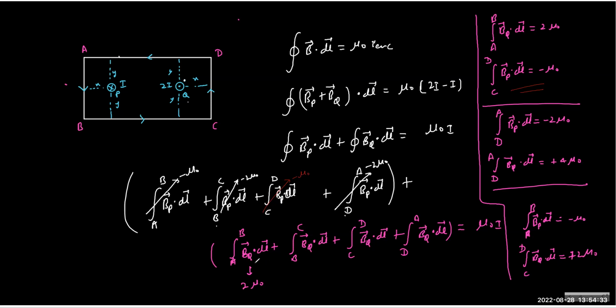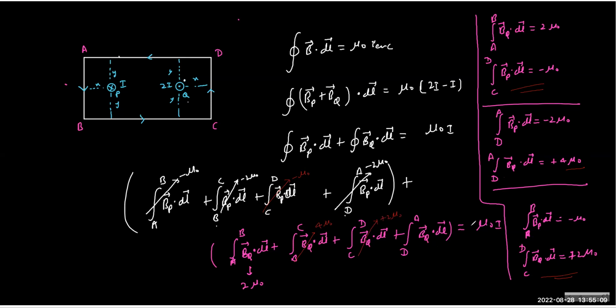And let's come to here. BQ B to C is the same as D to A. Yes, sir. BQ D to A is 4 mu naught, right? Yes, sir. This is also going to be 4 mu naught. And BQ C to D is 2 mu naught.